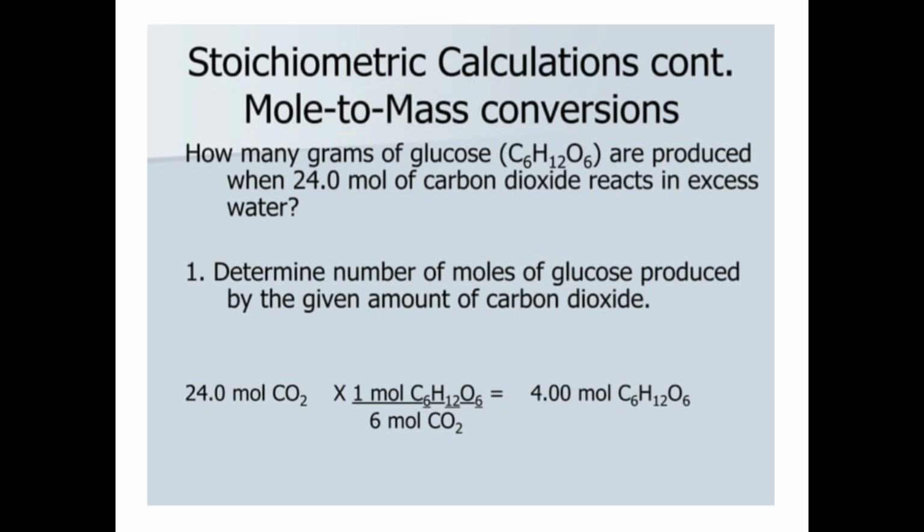So let's take an example. The question says, how many grams of glucose are produced when 24.0 mole of carbon dioxide react in excess water? There are two ways to do this.